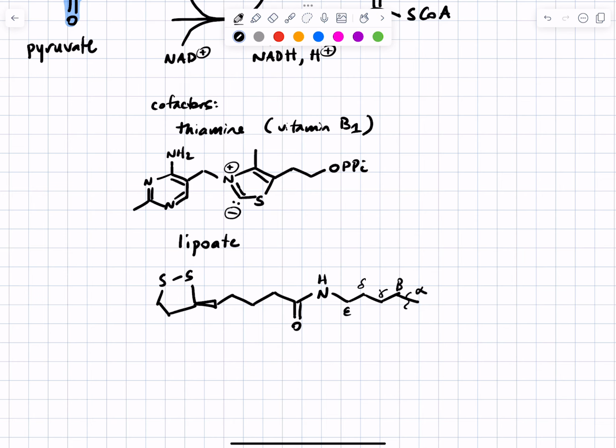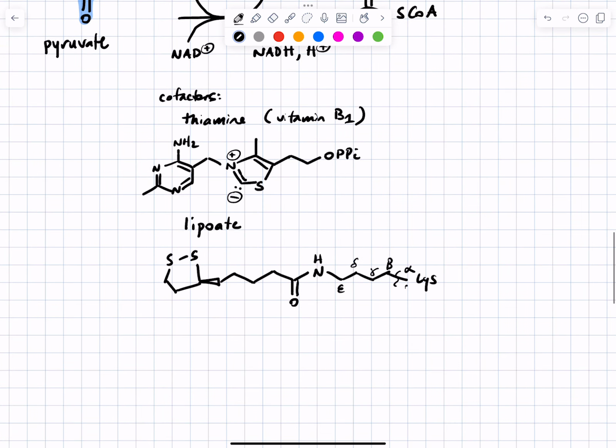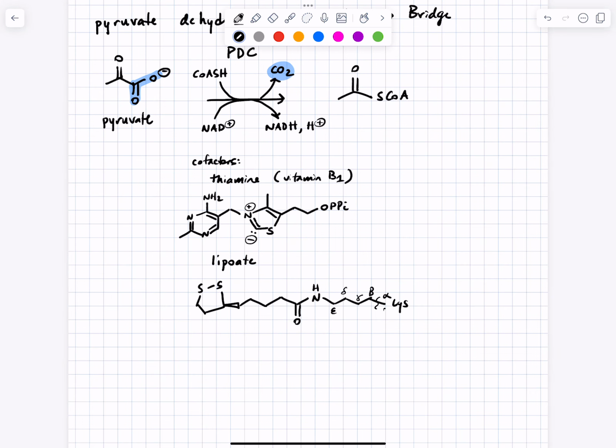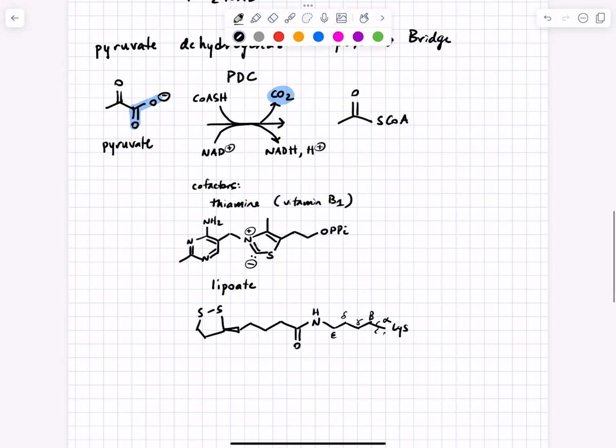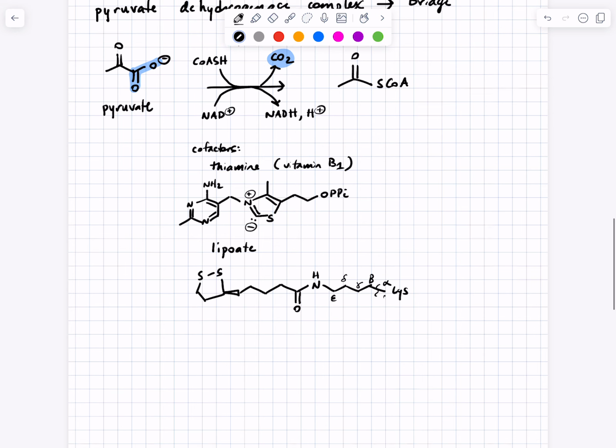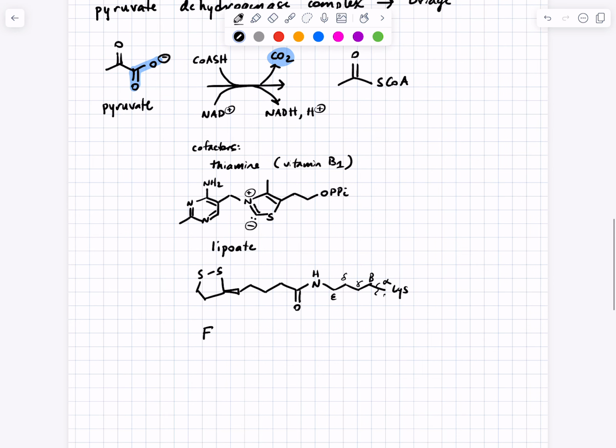So this is the alpha carbon of a lysine side chain in the pyruvate dehydrogenase complex. Okay, I know you're wanting it to stop, but nature's complicated. We're going to see it like it is, not like we'd like it to be. The other cofactor is FAD, and you've seen that before.